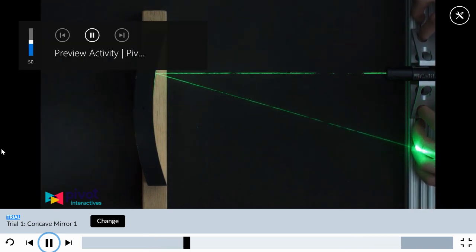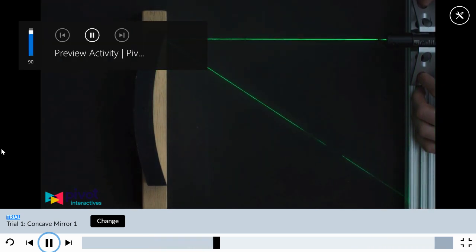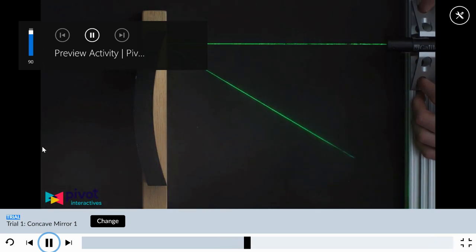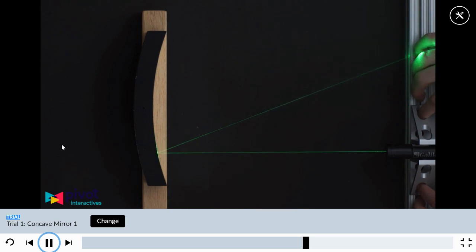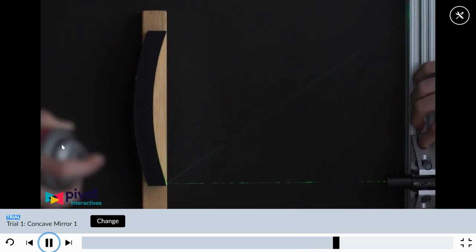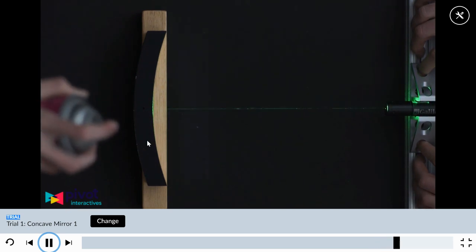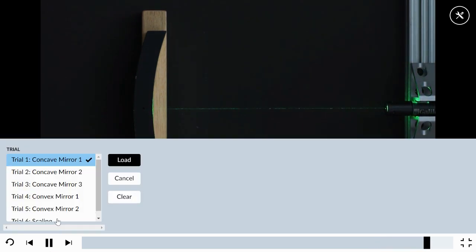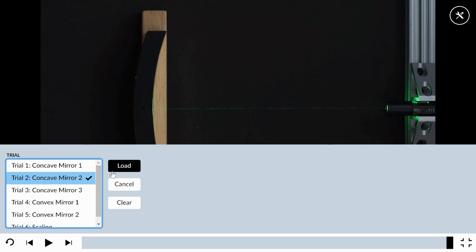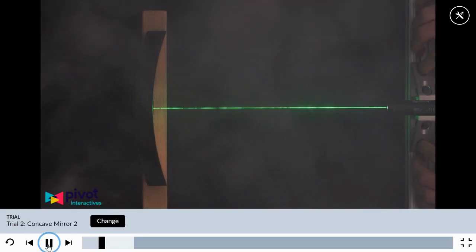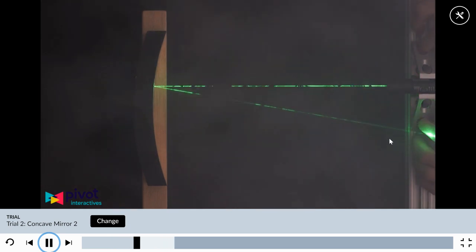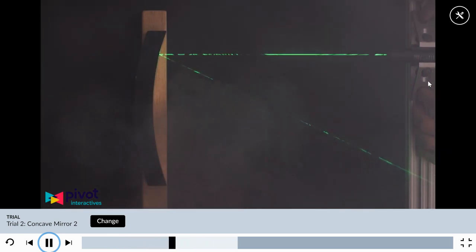That's disappointing. So there's a series of 3 concave mirrors. And you can see with their apparatus over here, the rays that they're sending in are parallel.